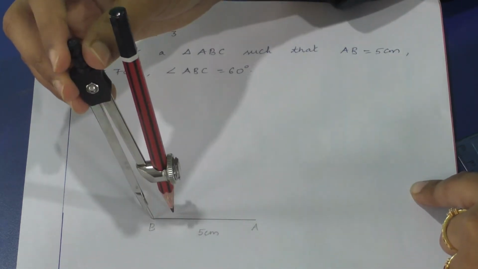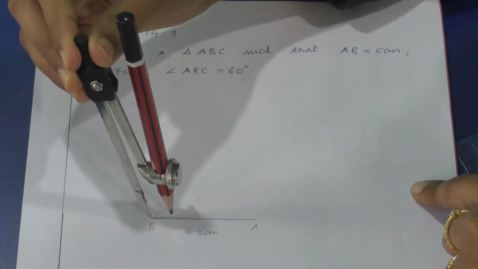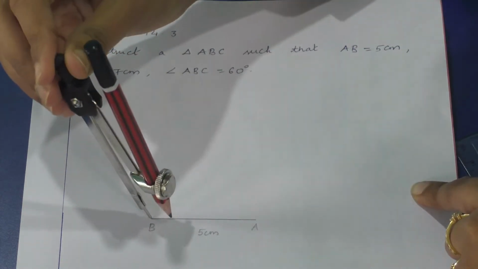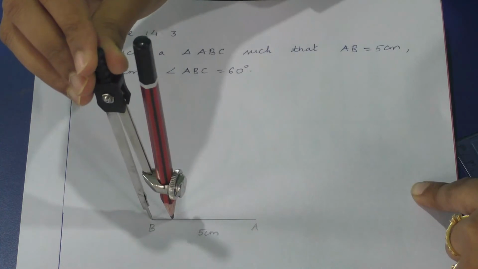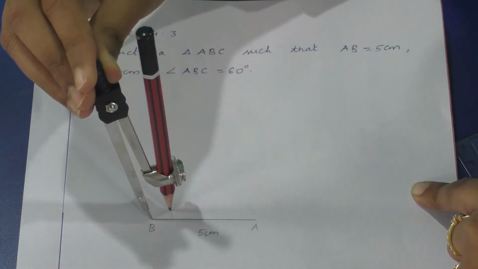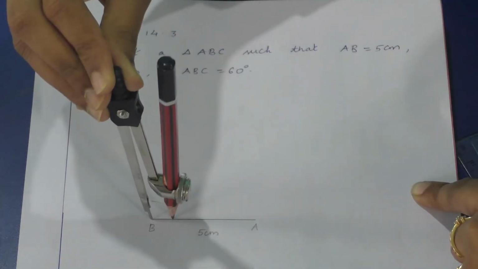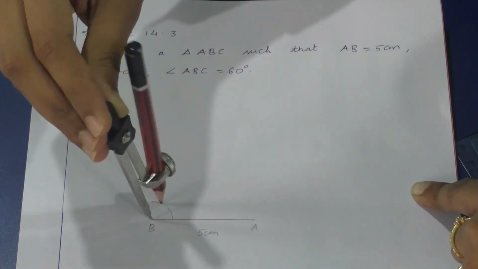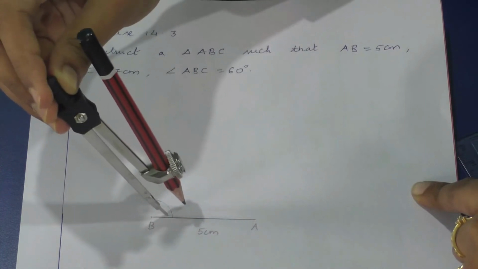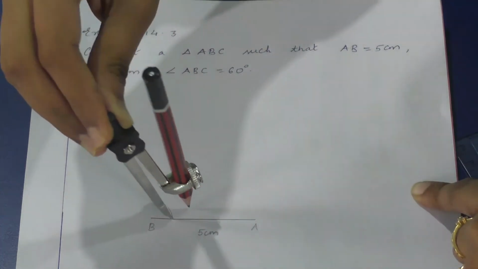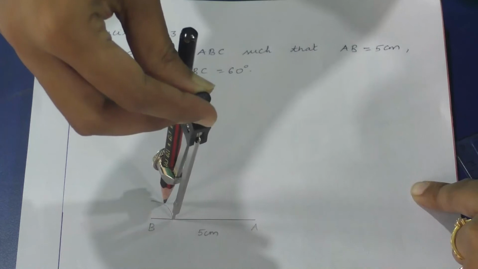So in order to draw 60 degree using the compass, draw one arc with any radius and from this point cut the arc.